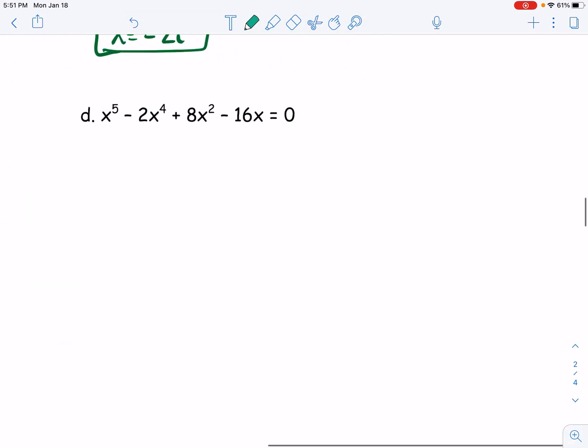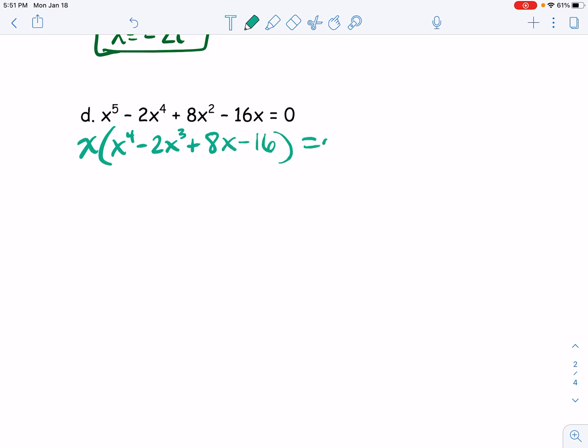So again, looking through, I know there is a GCF of x. I could take that out, but oh wait, this one actually might work. Okay, let's see. So GCF of x leaving me with x to the fourth minus 2x cubed plus 8x minus 16.